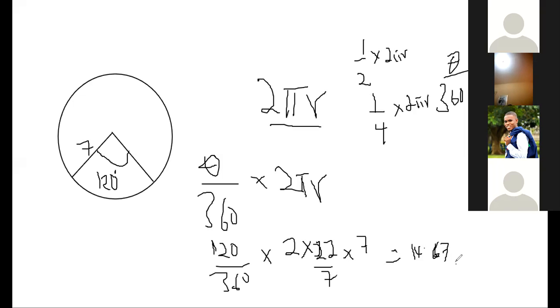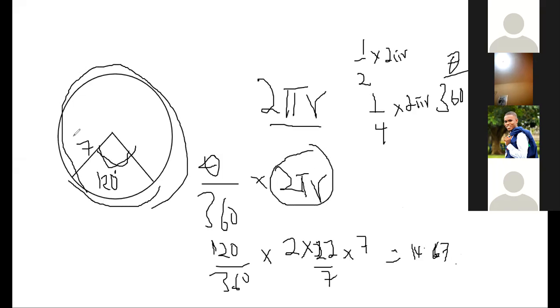I hope you get it. So that's for the circumference of an arc when an angle is given. For the full circle, the angle is 360, so it's 360 over 360 times 2 pi r, which gives you the same 2 pi r. For a semicircle, the angle is 180. 180 over 360 is half, and that gives you half of 2 pi r.